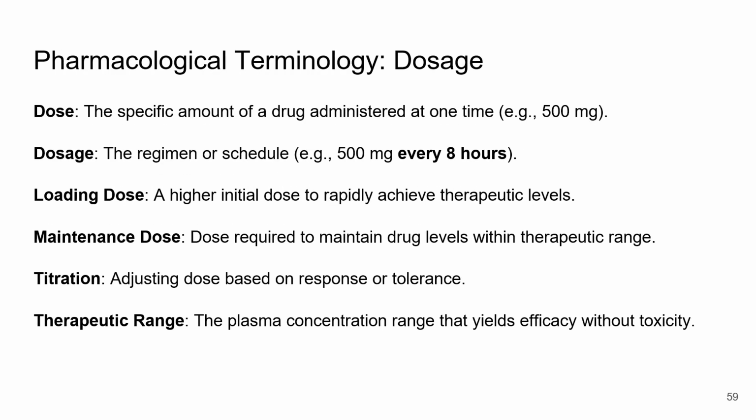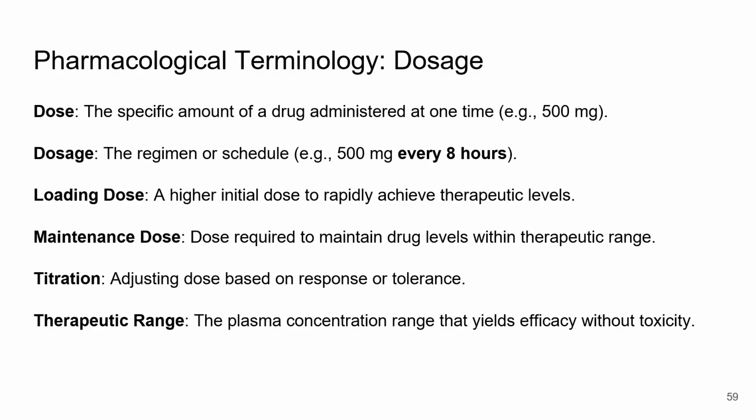Okay, so before we go further, I think it's important to be clear on basic dosing terminology because these words need to be used very precisely in pharmacology. A dose is the amount of drug given at a single time, for example, 500 milligrams.